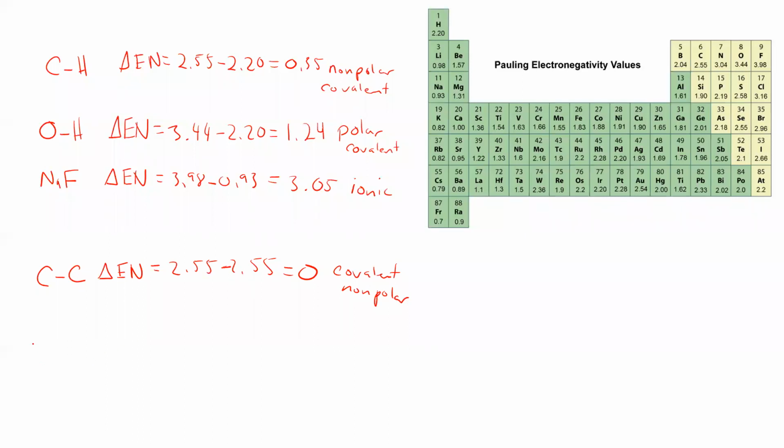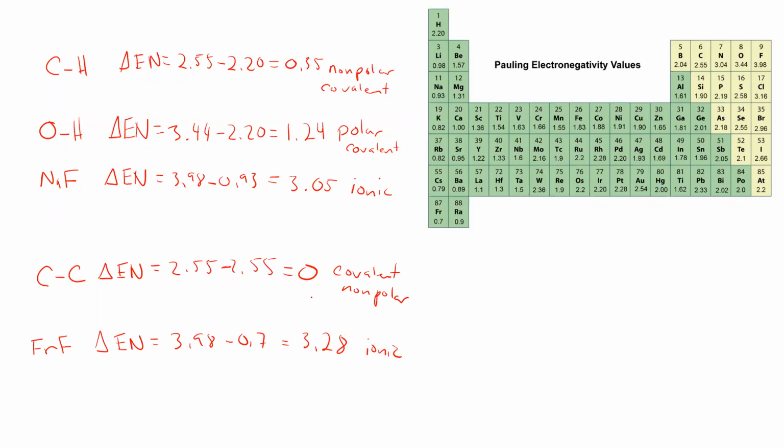And the biggest difference you could have is francium fluoride, which will have an electronegativity difference of 3.98 minus 0.7. So you're looking at 3.28, so that's ionic.